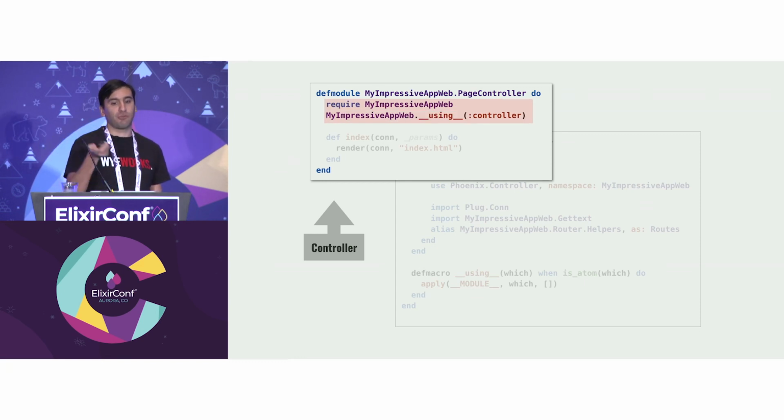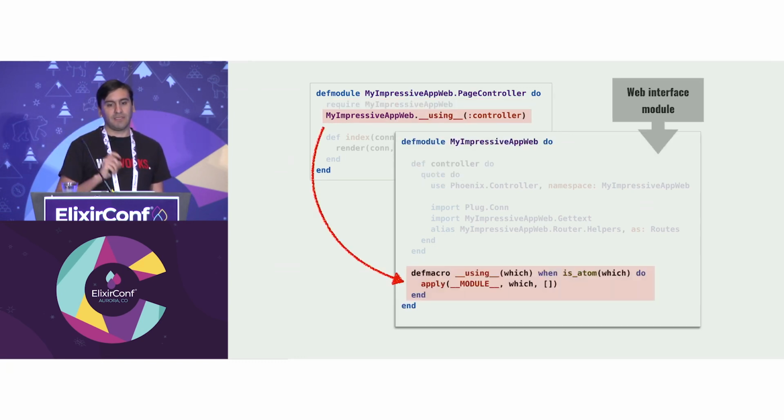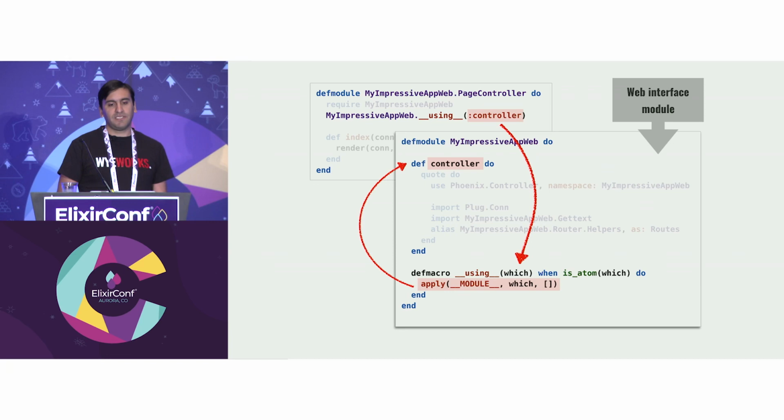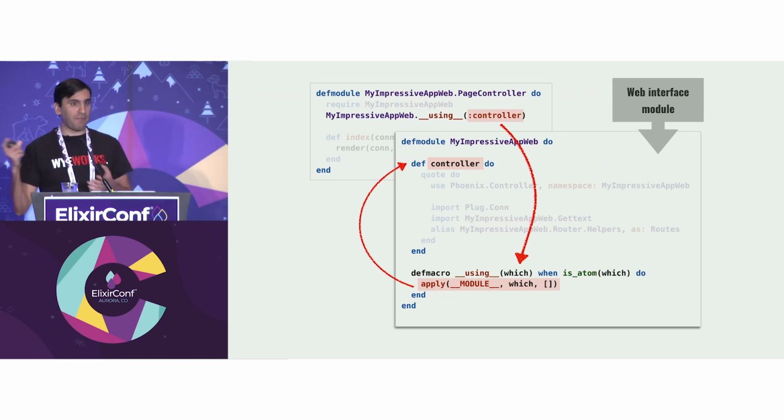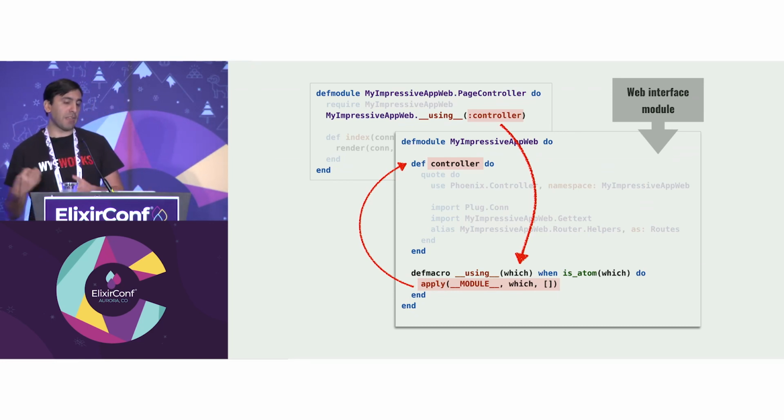So it's going to be equivalent to this, and we already have an implementation of this __using__ macro in our web interface module. I mean, it's part of the code that Phoenix makes for us. It's just a matter of using the apply function, the one you use to invoke a function when the name of the function is given dynamically.